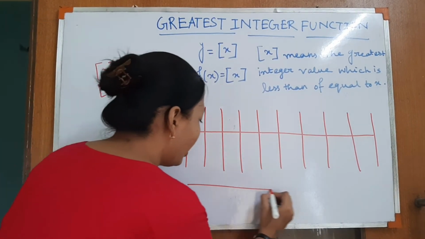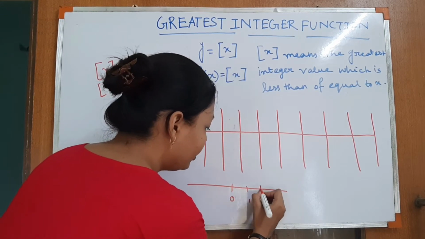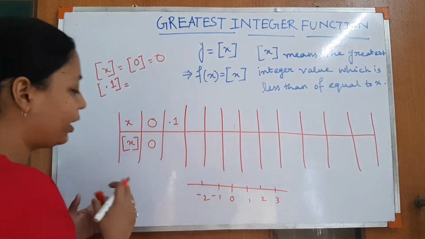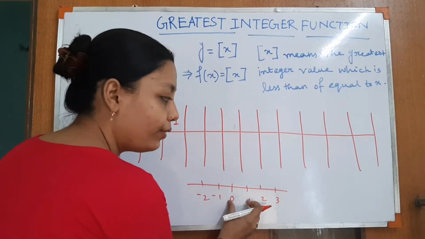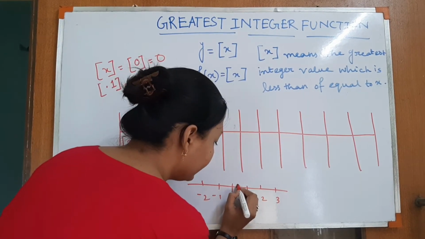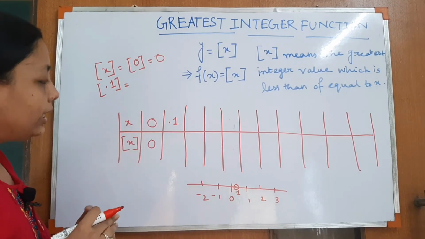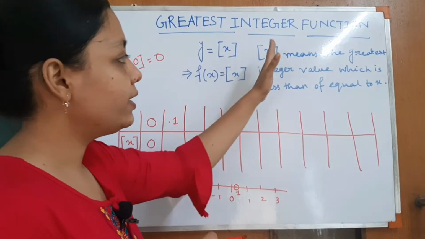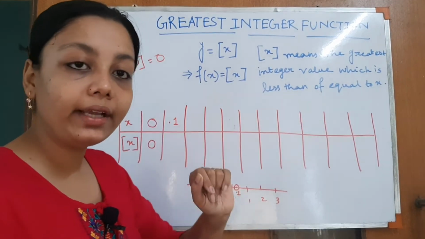Now we draw a number line. Here is 0, here 1, 2, 3, here is minus 1, minus 2, minus 3. Now this 0.1 lies between 0 and 1. The definition says that box x means the greatest integer value which is less than or equal to x.